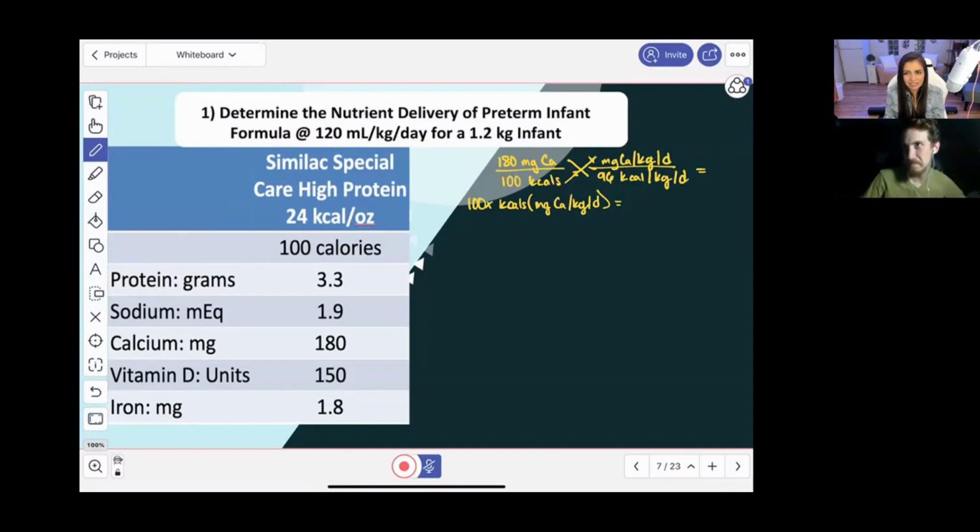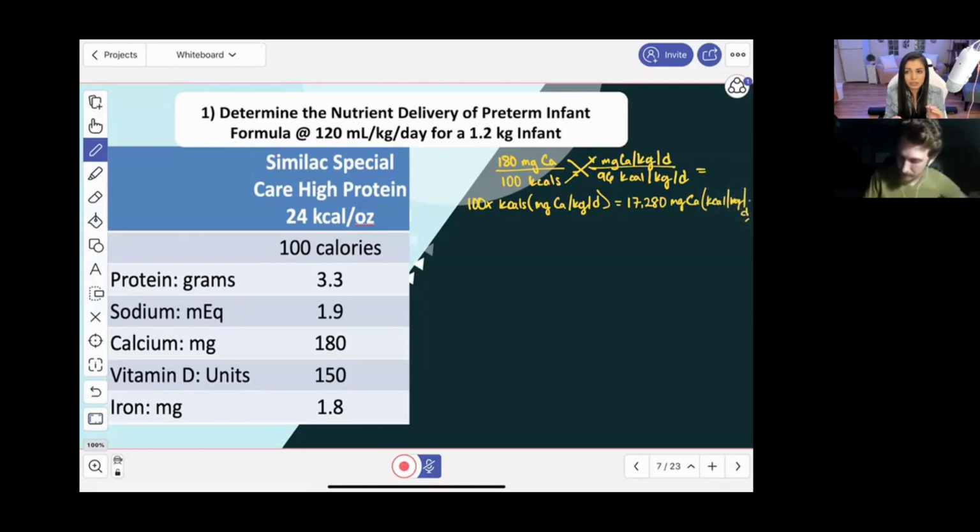Is that right? Yeah. 17,280, and that is milligrams of calcium times kcals per kilogram per day.